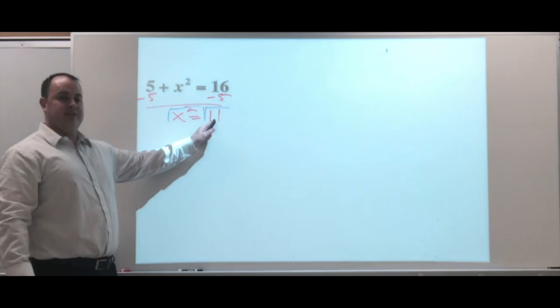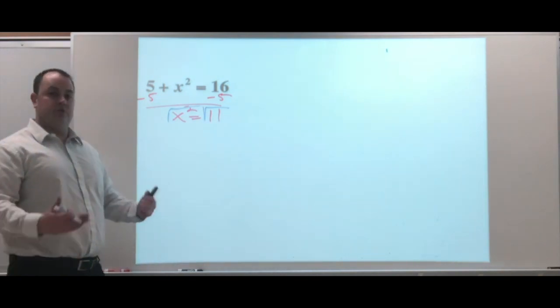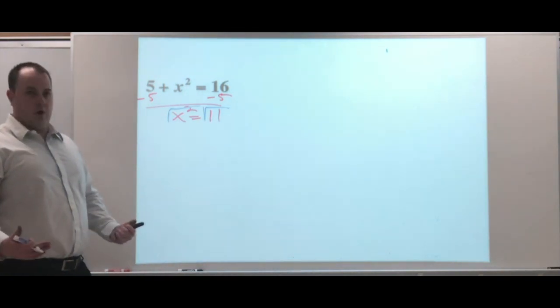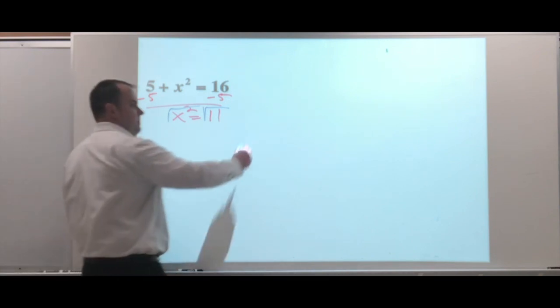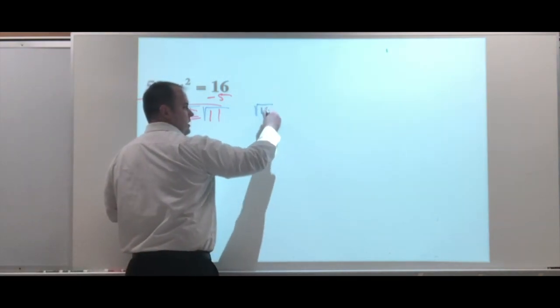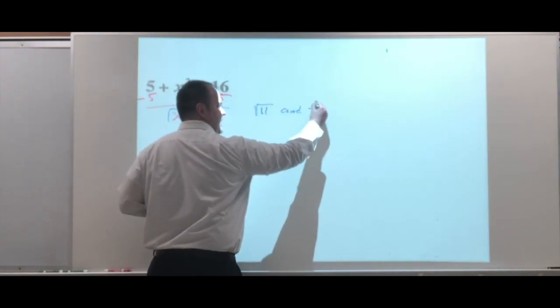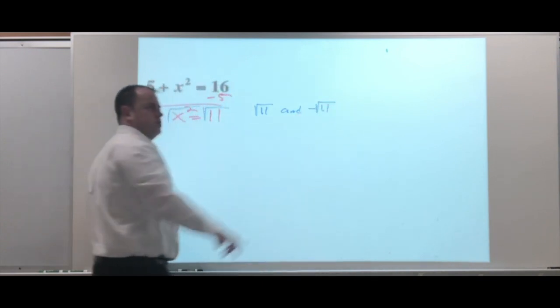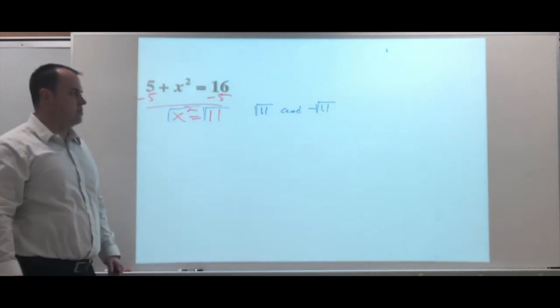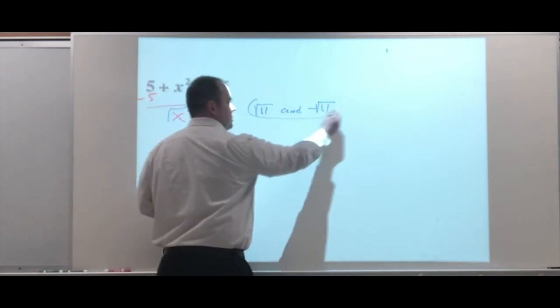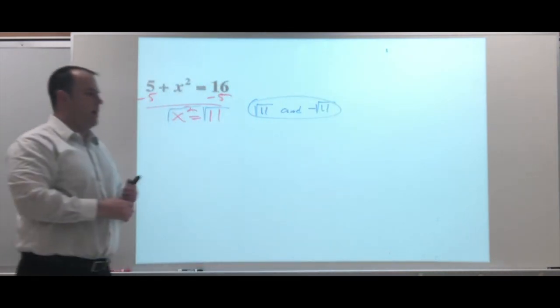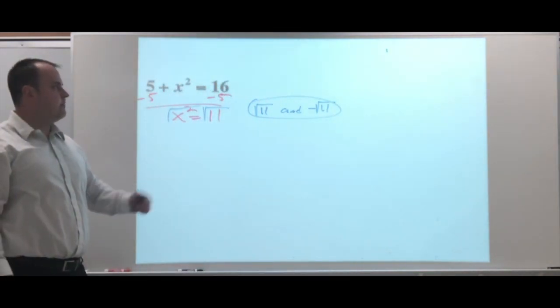If I get asked for an exact answer, you need to simplify this using your factor tree methods. Square root of 11 can't be simplified. Square root of 11 and negative square root of 11. Notice where the negative is. It's outside the square root, and those are our two solutions.